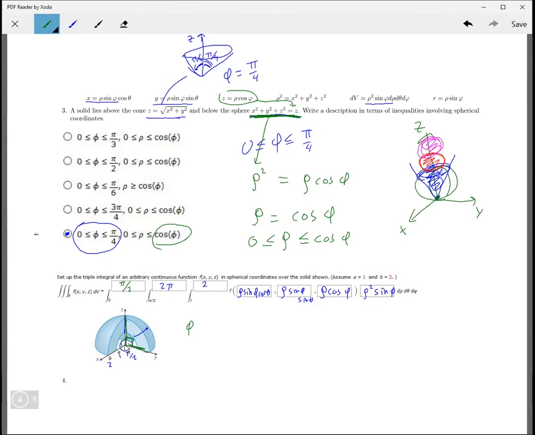Any direction, even if you come down to that point right there, this angle is pi over 2. It's 90 degrees. So those answers should give you the correct answer. Any question about that?